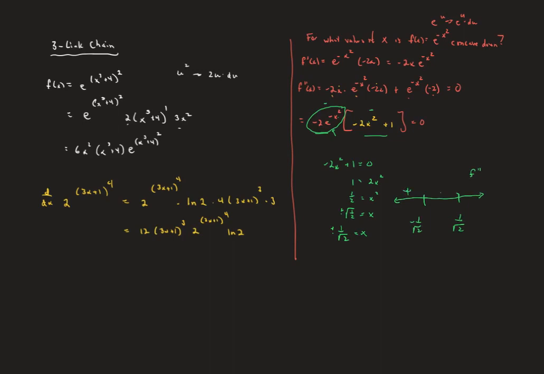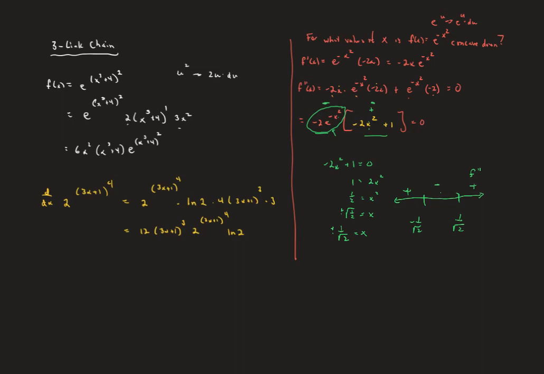If we plug in something in the middle region, like say 0, e to the 0 is 1, times negative 2 is still negative. 0 squared is 0, times negative 2 is 0, plus 1 is now positive. A negative times a positive is negative. Plugging in a positive 1, e to the anything is positive times a negative 2 is still negative. And now we get negative 2 plus 1, which is negative again, making the negative times negative positive.